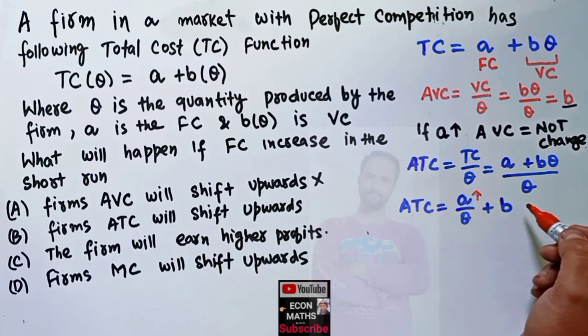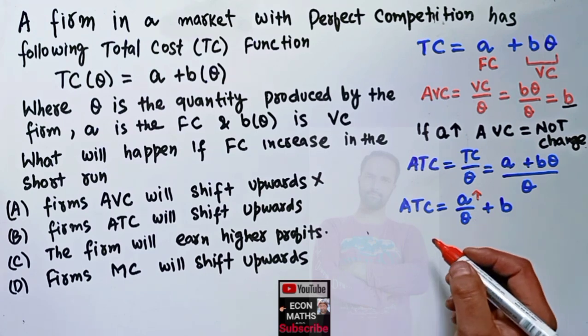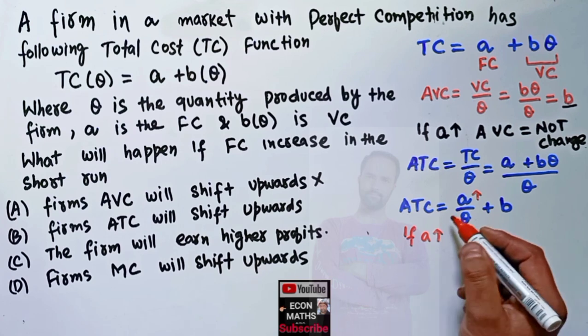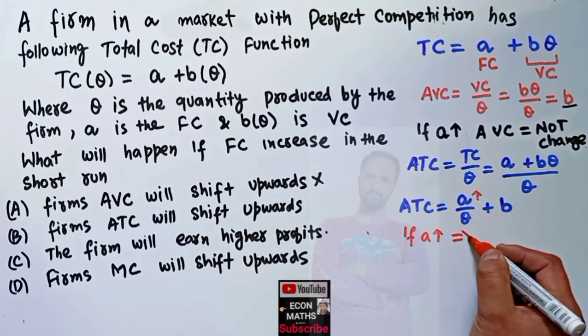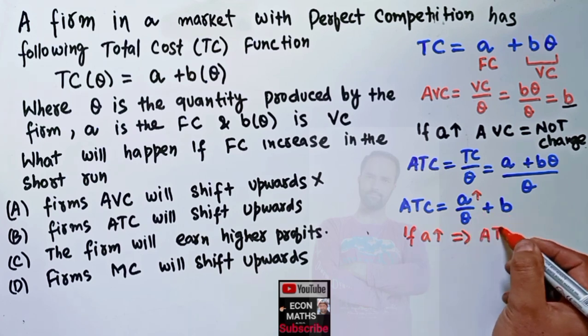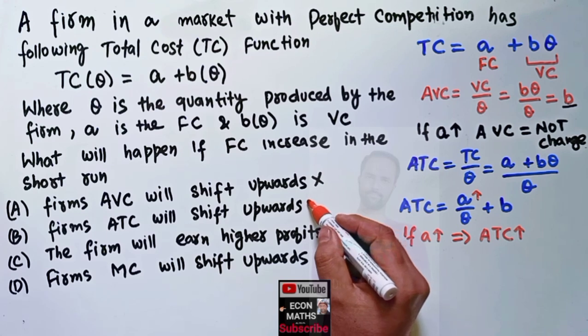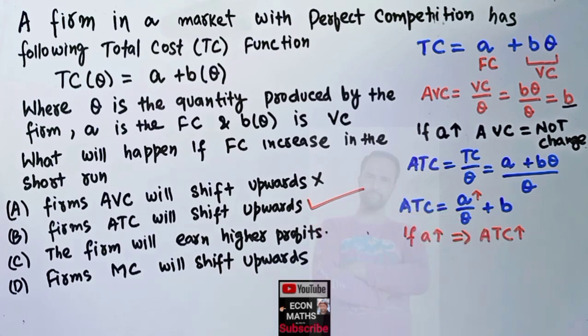That means average total cost will also increase, so it will shift upwards. So this seems the correct option.